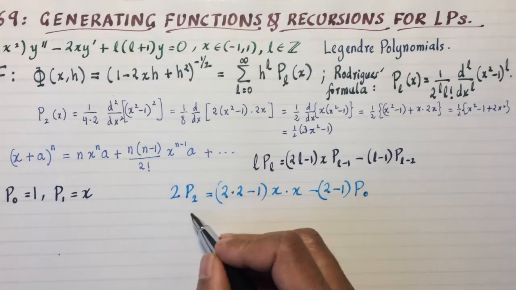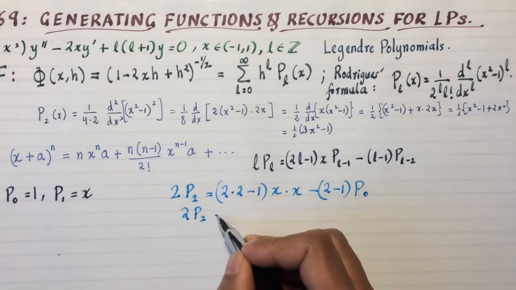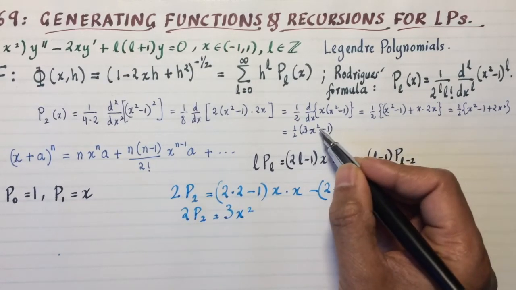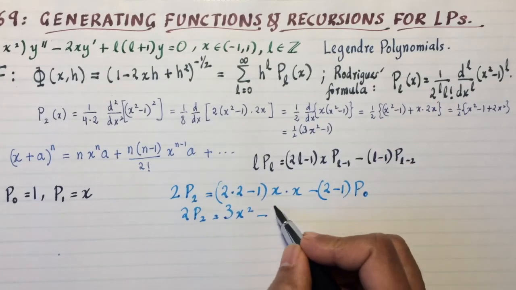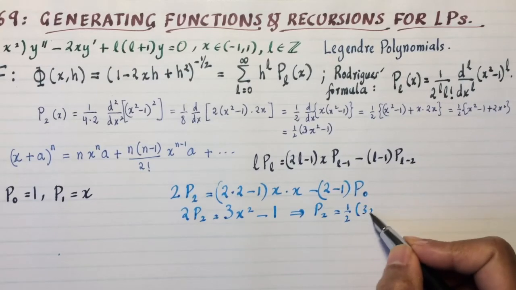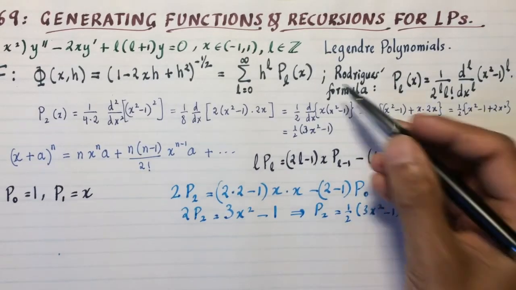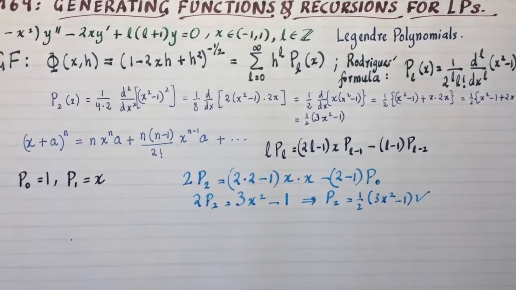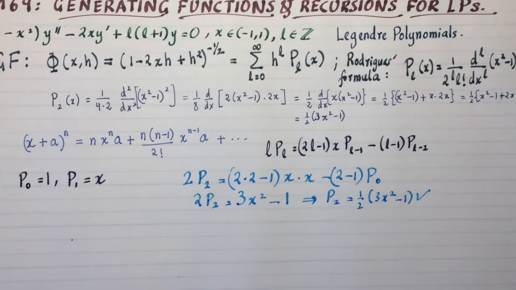Okay, so this is 2P2 equals 2 times 2 minus 1, 3x squared. So you see, we're already there. Minus 1, or P2 equals 1/2 (3x squared minus 1), which bears out the calculation we had earlier through the laborious Rodriguez formula. So this is a very useful technique indeed, just to see if we can get confidence on this one.